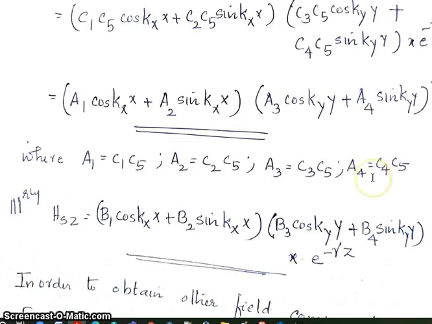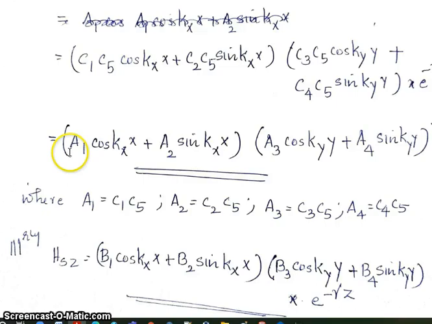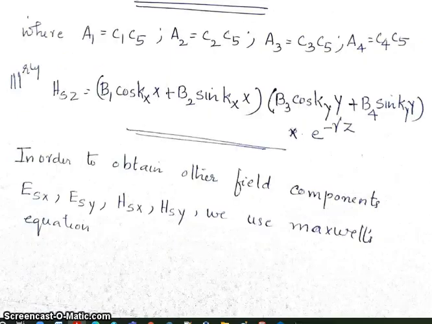So finally my expression is something like this. In the same manner you can find the expression for Hz also, that is B1 cos kx x plus B2 sin kx x into B3 cos ky y plus B4 sin ky y into e raised to minus gamma z.